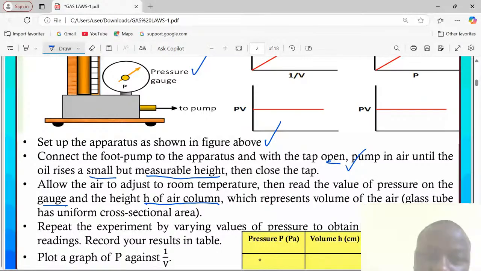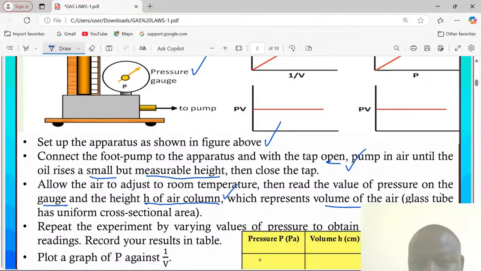The bigger the air column, the greater the volume it represents. If the air column is short, then it is a smaller volume.